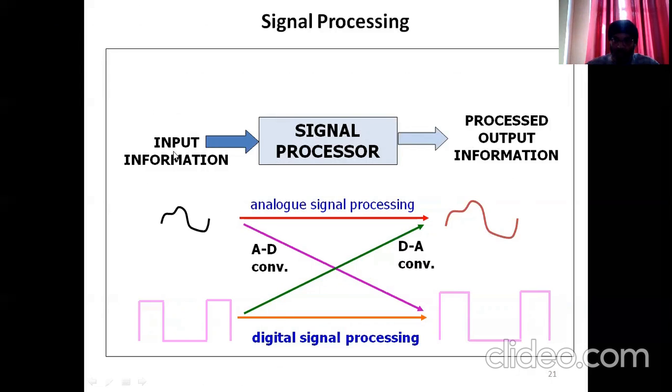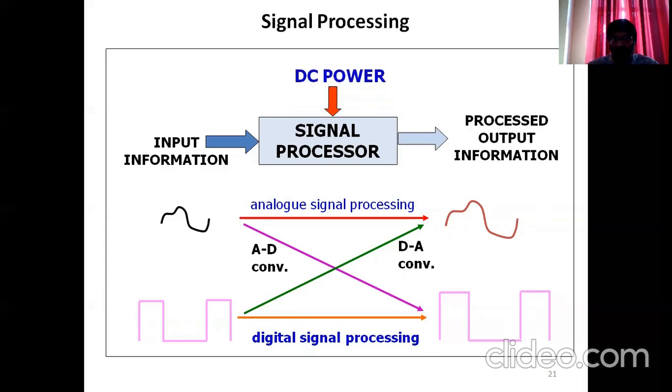Or if the input is in analog form and we want output in digital form, we need to convert through an analog to digital converter and then process it so that we get a processed digital output. The same over here. If we have a digital input and we want an analog signal at the output, we can convert from digital to analog and then process it. So these are all possibilities in signal processing, analog or digital signal processing.